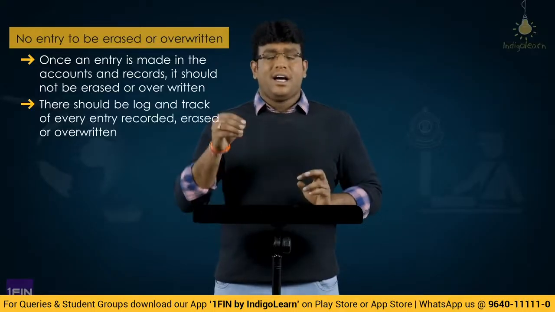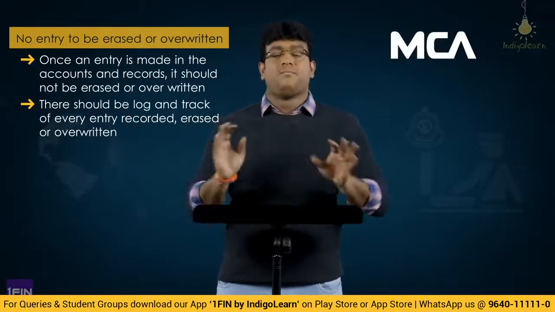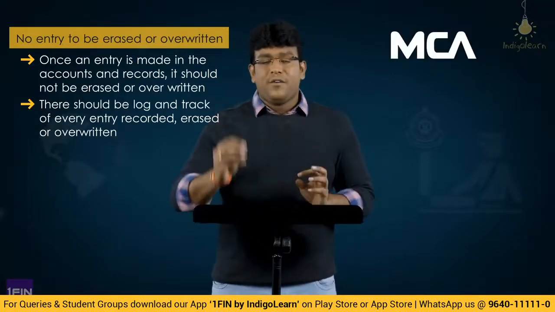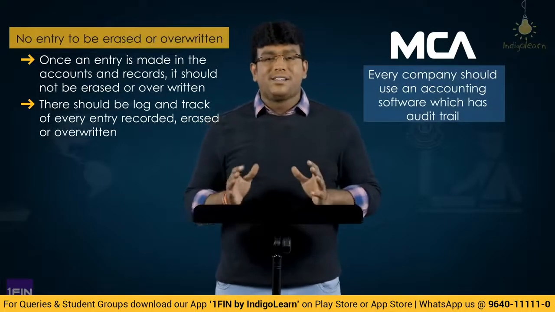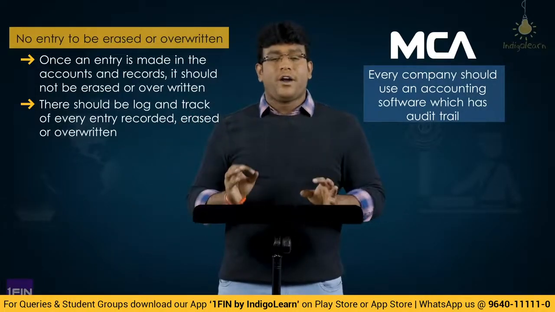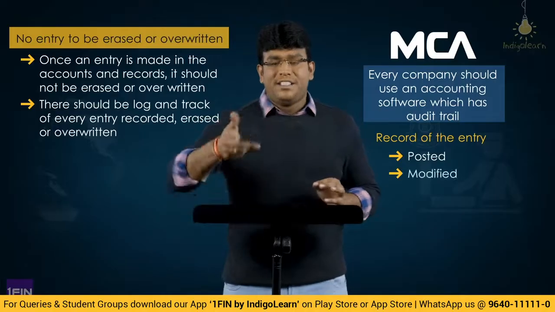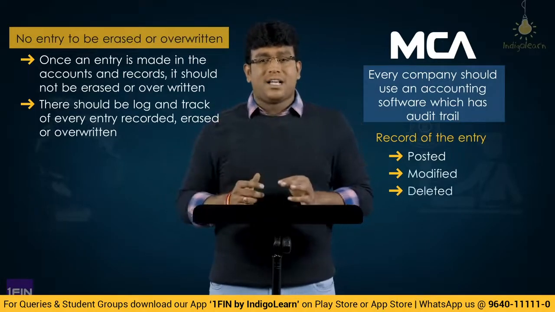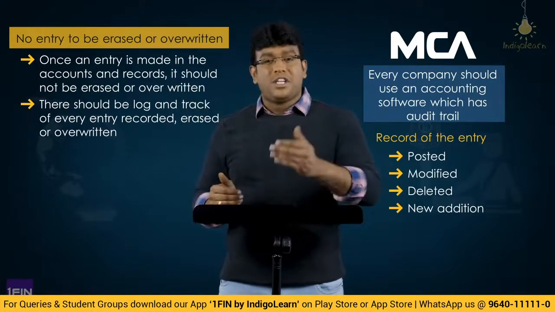Everything should be properly maintained, and that is why recently one interesting concept has come up, where the Ministry of Corporate Affairs is coming up with a proposal that every company should use accounting software with an audit trail. By audit trail I mean a record of when an entry is posted, when it is modified, when it is deleted, and when a new entry is passed. All that track record, that complete log, should be generated.